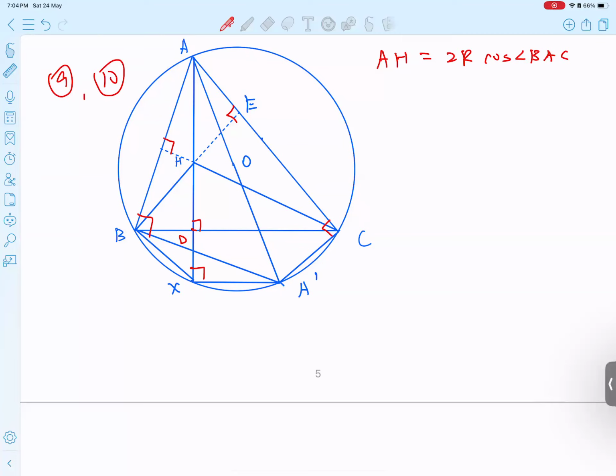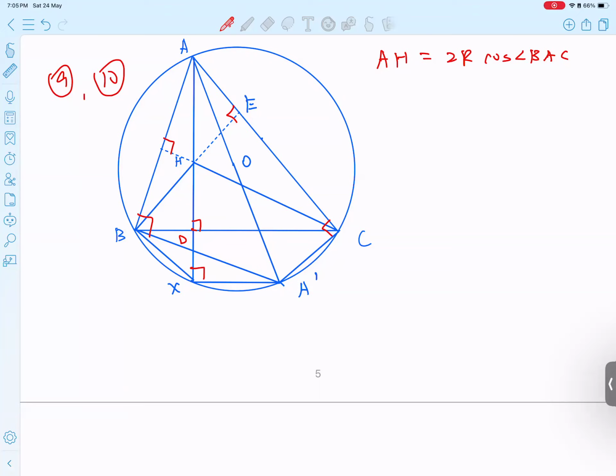So cosine BAC and the R, these are really weird conditions. They don't seem to line up together. But if you look at our diagram, and based on what we just proved, and what you know about the orthosymmetric configurations, you immediately think of, oh, if I extend AL to A dash, then I'll get a trapezium, and I'll get triangles, and that'll be very nice.